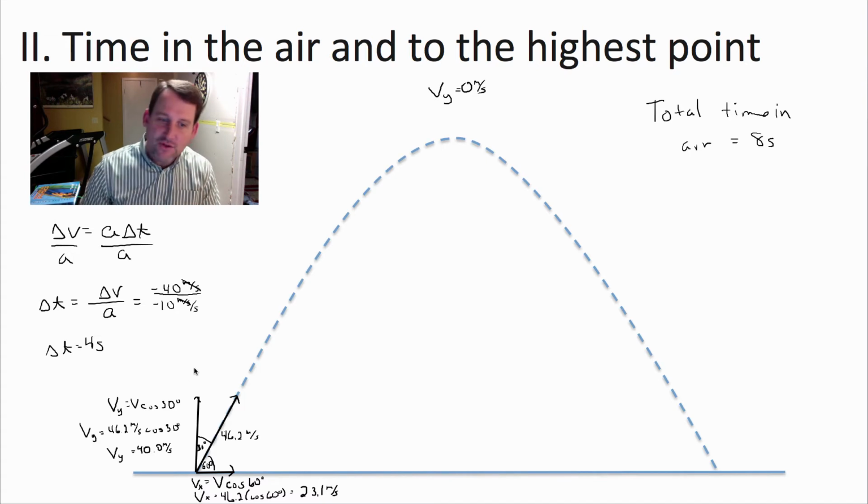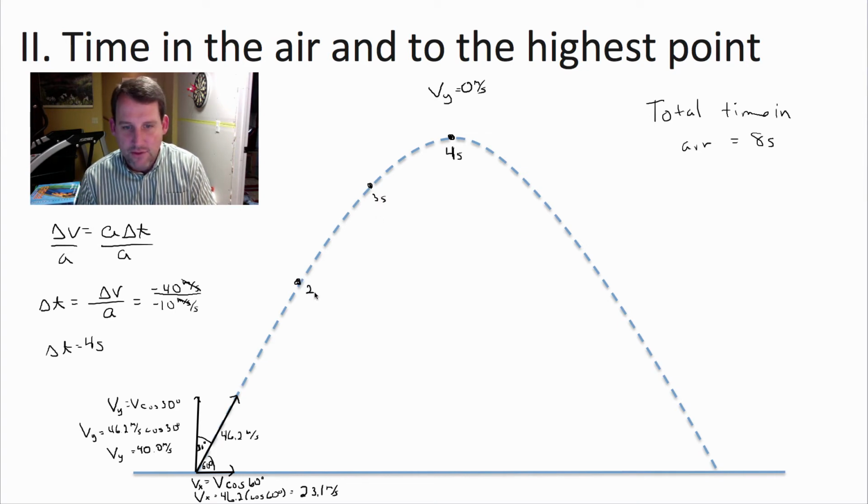Since we have this drawing up, let's add in a few more key things. Here, this point is happening at 4 seconds. This point is about 3 seconds, about 2 seconds, and about 1 second. At each of these seconds, we can draw in what's happening to the velocities. We said before that the horizontal velocity is constant.